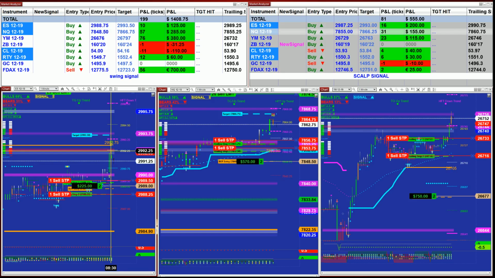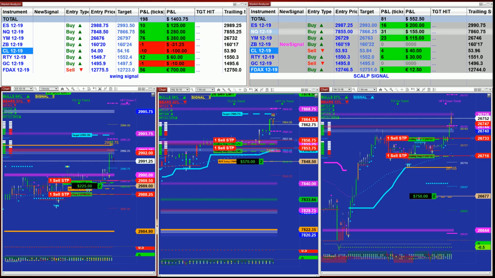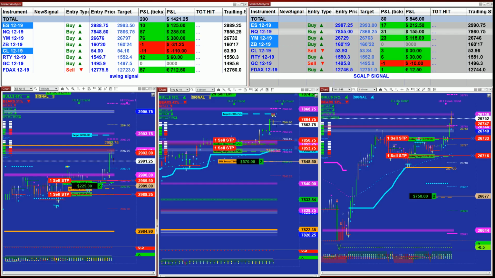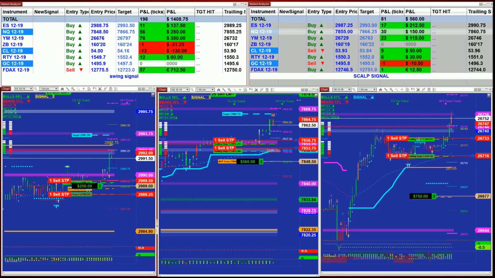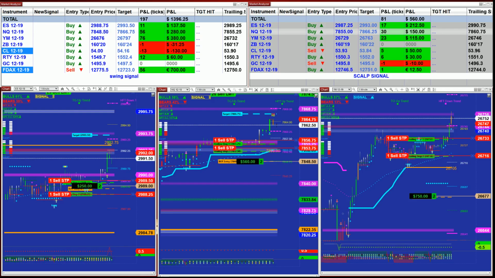That is causing a huge problem in the market. And if we look at the Nasdaq, it says a reversal right at the target. So you have to start considering taking some of your profits out.